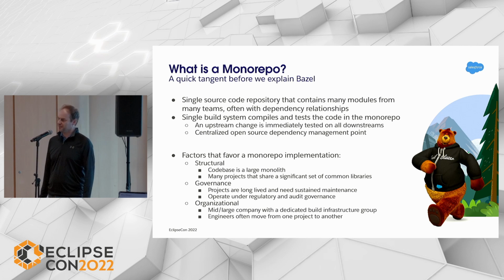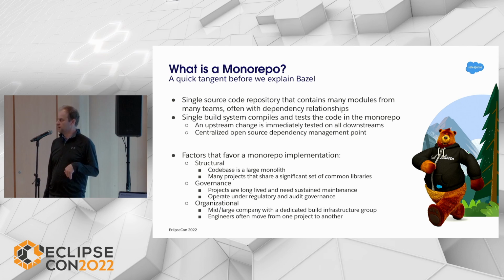Before we talk about Bazel, I'm going to quickly explain what a monorepo is, because Bazel is normally seen in the context of monorepos. So a monorepo is just a large source repository with hundreds of projects in there from many different teams. Usually there's dependency relationships between all those different modules.